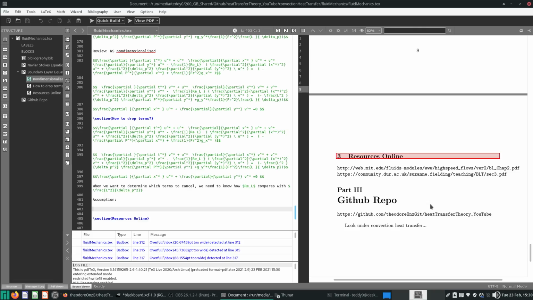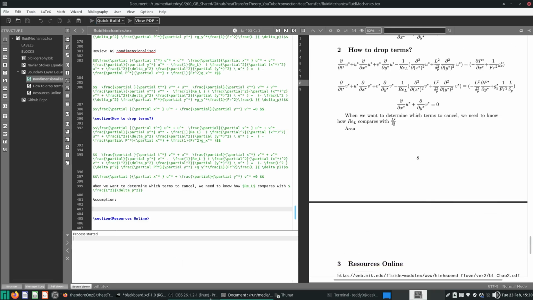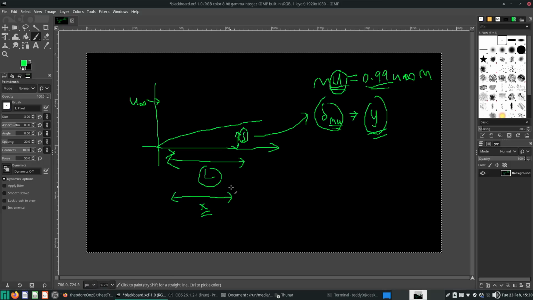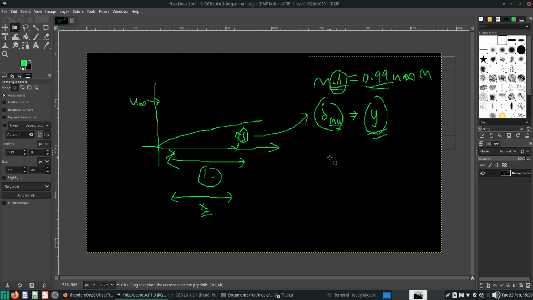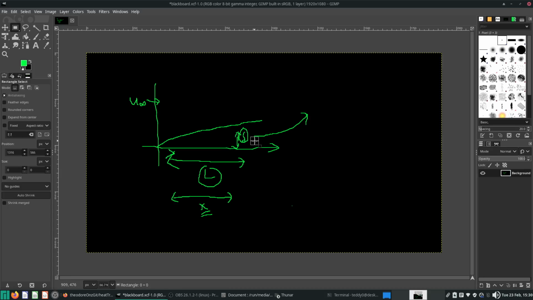To start with this assumption, and to connect it to a concept, let's take a look at our boundary layer again. I'll take out this part and this part.